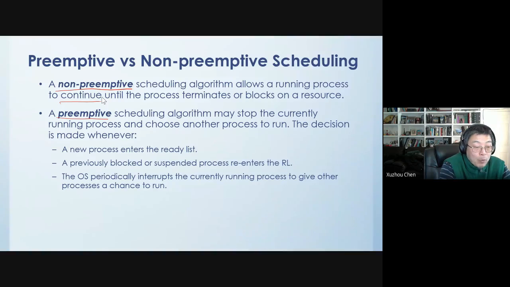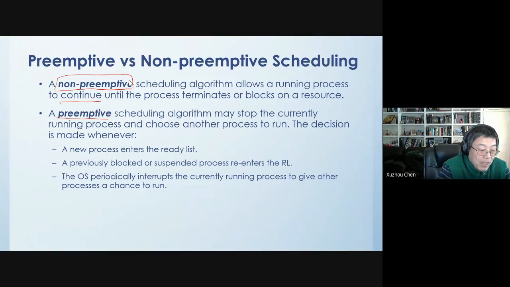So non-preemptive basically means whenever a process takes the CPU, it continues to use the CPU unless it voluntarily terminates or voluntarily blocks itself. Then the short-term scheduler says, okay, the current process is not using the CPU anymore, so I'm going to pick the next one. So that's non-preemptive. It's on a voluntary basis.